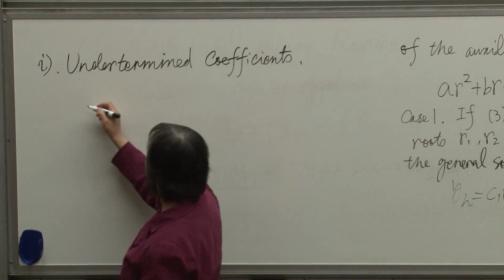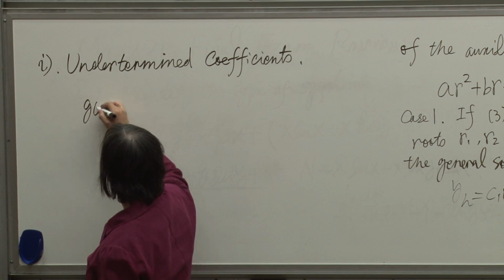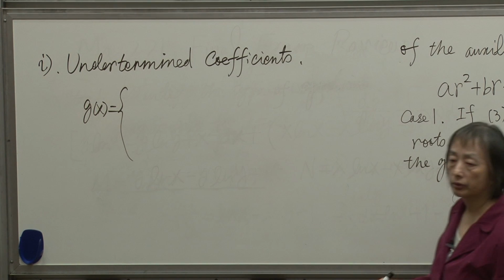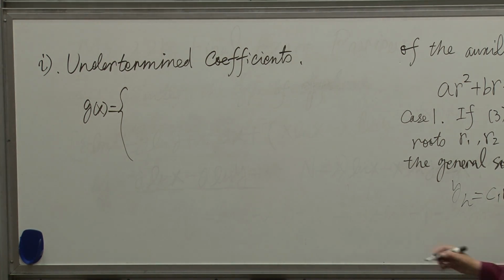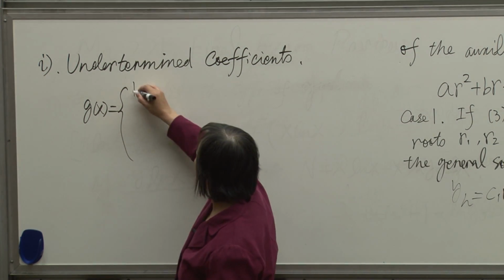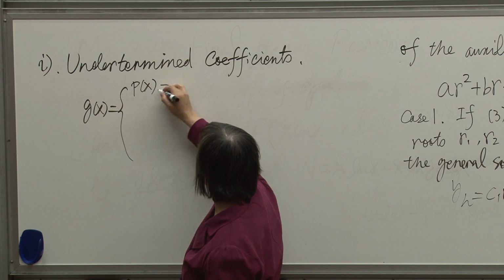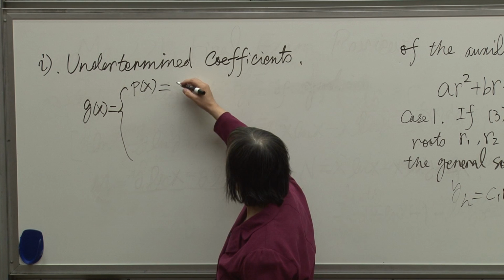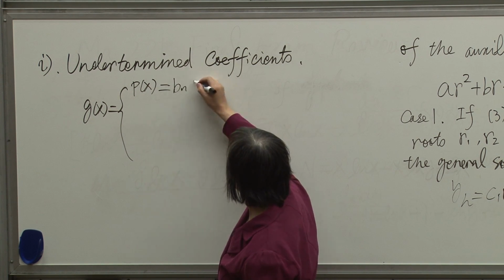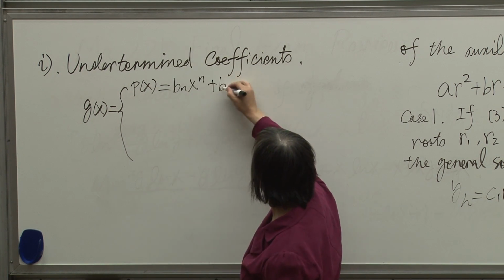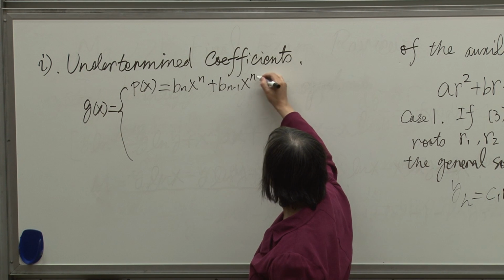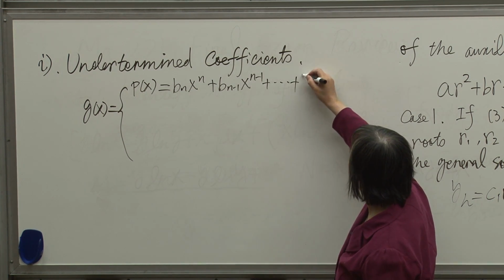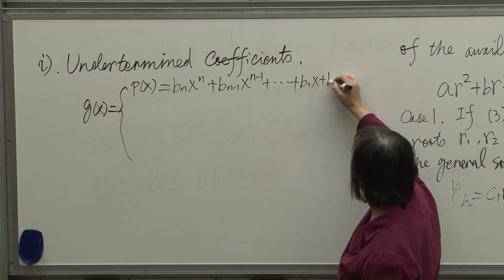In this case, g of x has possibly 3 different expressions. First, it's a polynomial. So we denote this polynomial by, say, b_n x^n plus b_(n-1) x^(n-1), and so on and so forth until b_1 x plus b_0.